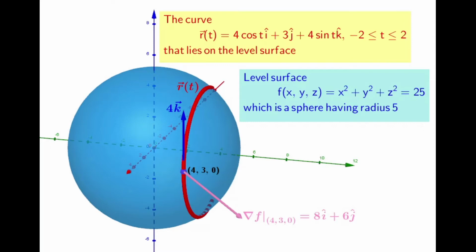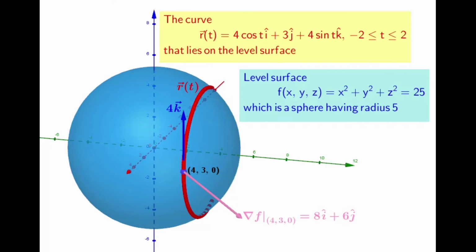We know that there are infinitely many curves lying on the level surface, which is the sphere here, and on all those curves that pass through (4, 3, 0), there will be different velocity vectors dr by dt corresponding to another vector valued function r of t, which corresponds to the curve that passes through (4, 3, 0).